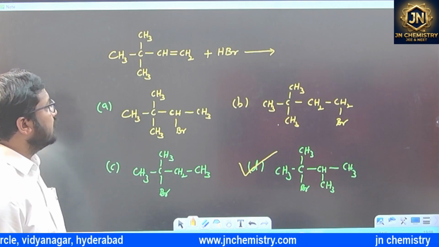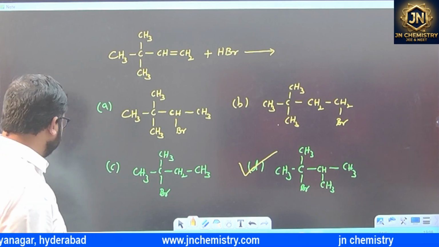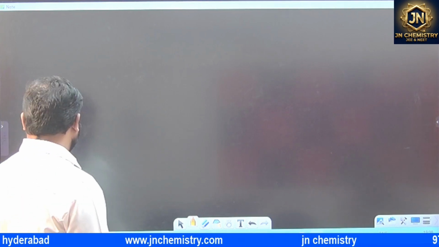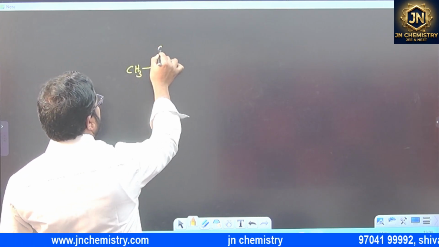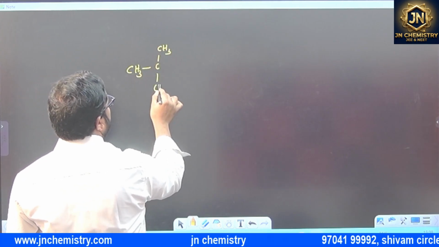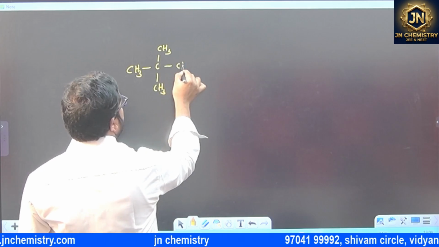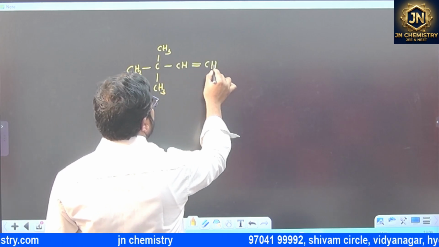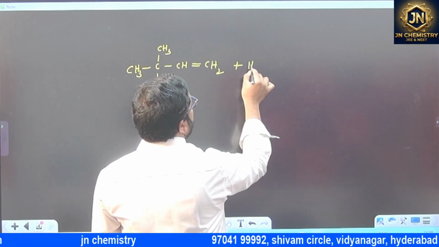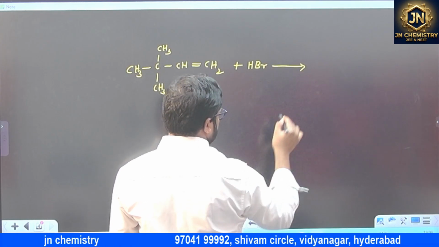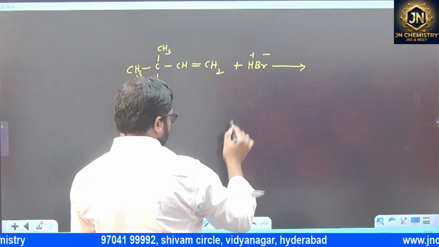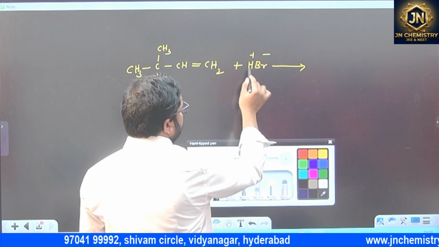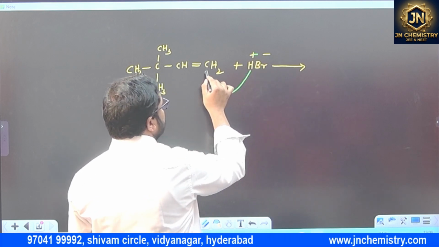In this case, what exactly happens? CH3, CH3, CH3, CH double bond CH2. So when we are using the HBr, right? So H plus plus Br minus, directly I am writing the H plus is attacking the first position.